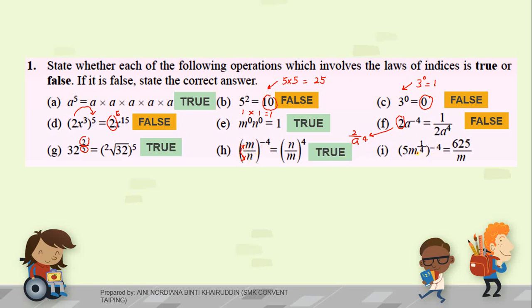For this one, this is false because 5 to the power of negative 4 is actually 1 over 5 to the power of 4. This is 1 over 6 to 5. So the answer should be 1 over 6 to 5.